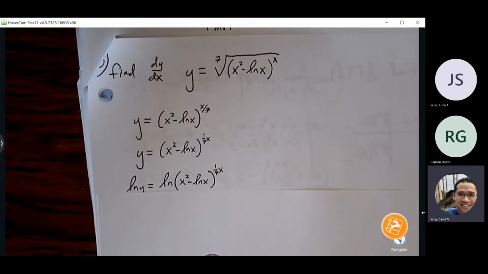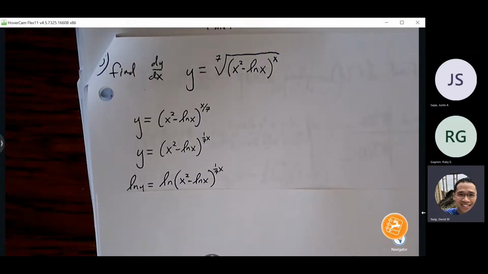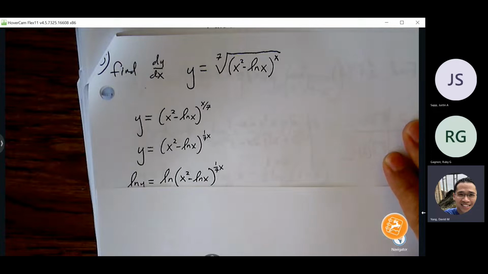Because we don't have a rule for a variable raised to a variable, we force natural log into it so that we can use the property to get that exponent to come down. Yeah, we only do log differentiation if we realize that there is no derivative rule that can handle that derivative, which is a variable raised to a variable.